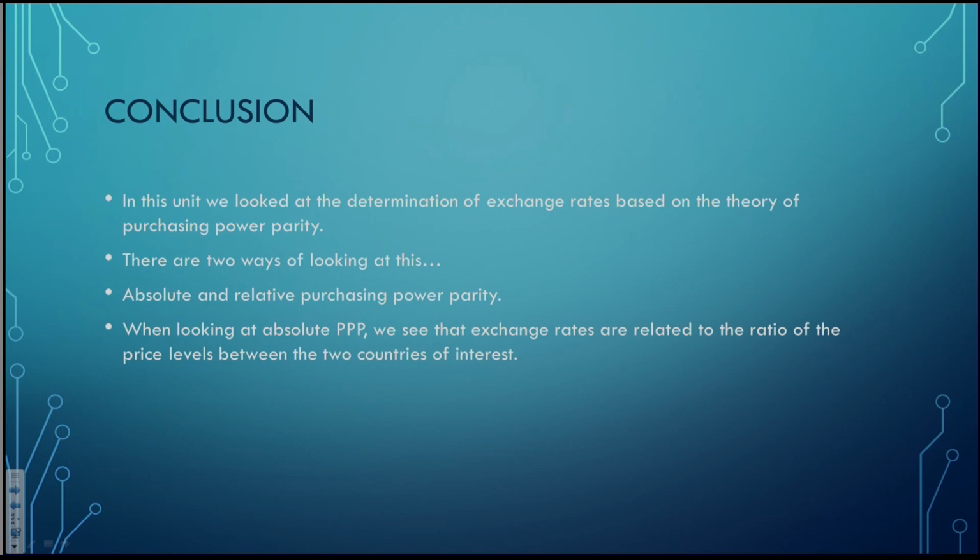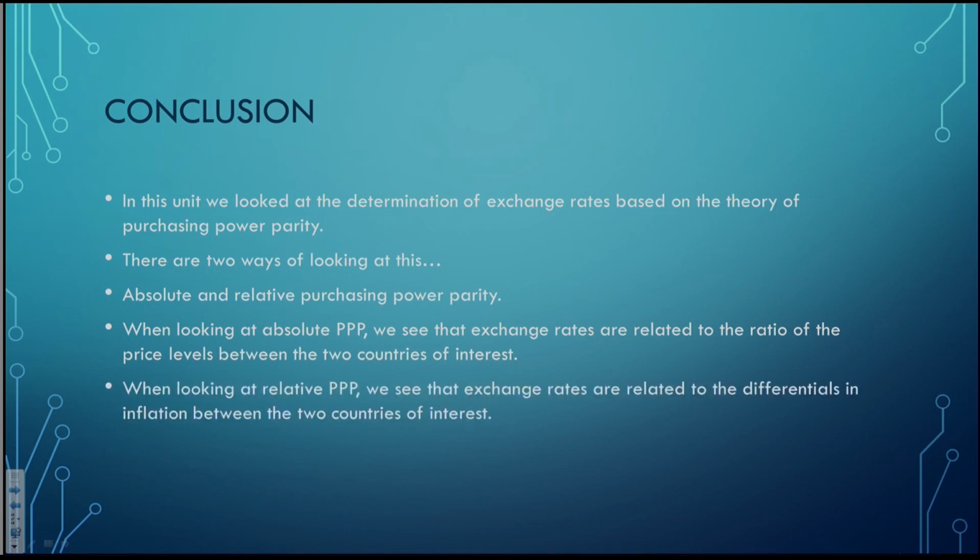When looking at absolute purchasing power parity, we see that exchange rates are related to the ratio of price levels between the two countries of interest, right? I gave you, in fact, an equation that simply said exchange rates for purchasing power parity in an absolute sense is simply the ratio of the prices.